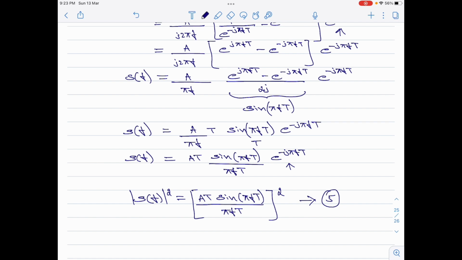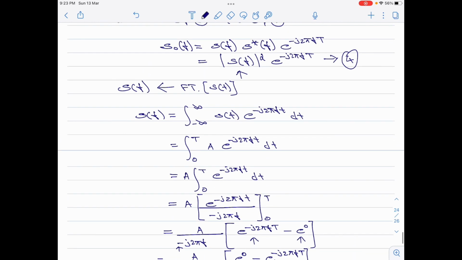Now, we have obtained the value for magnitude square of s of f. So, let us now go back and substitute it back into equation 4 to obtain the spectrum of the output signal.